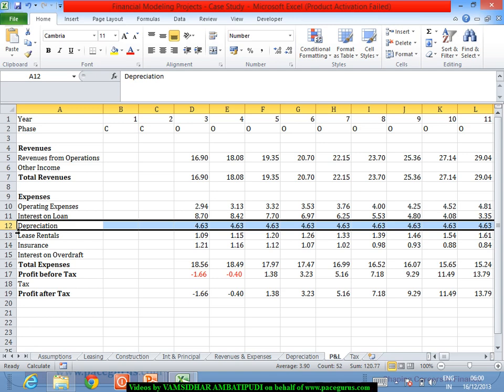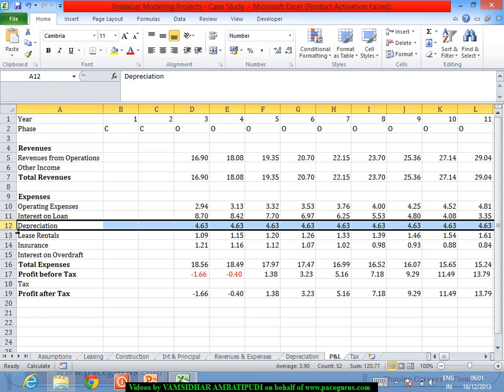So based on that updated PBT, I can try out the computation of tax. That updated PBT, which is coming by taking the written down value method of depreciation into consideration, is the taxable income for the company.